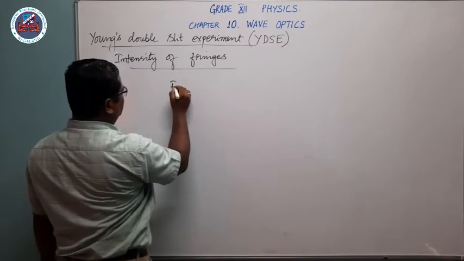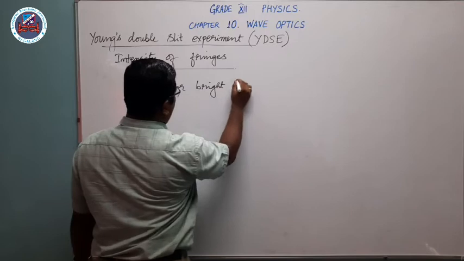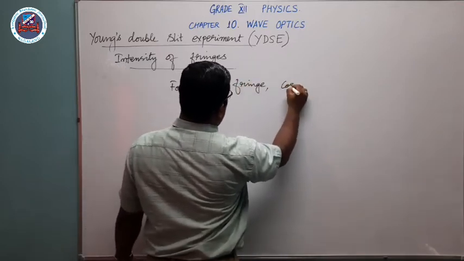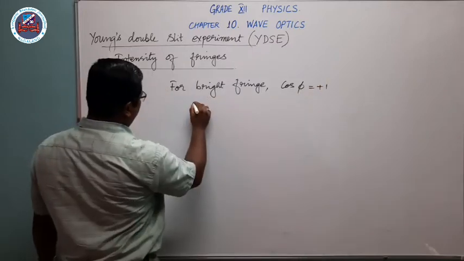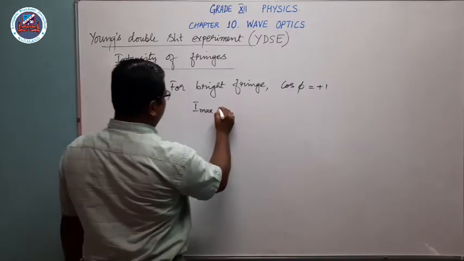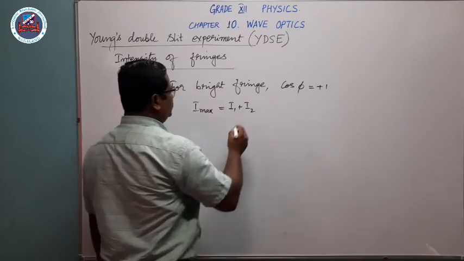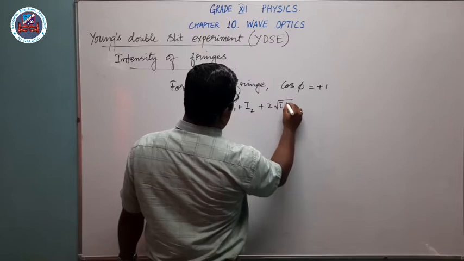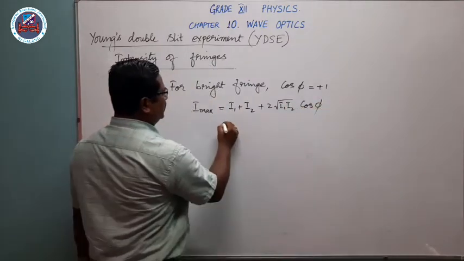Now let us see about the intensity of fringes. For a bright fringe, as you know, cos phi must be equal to plus 1. So the intensity will be maximum for a bright fringe, that is I1 plus I2 plus 2 root I1 I2 cos phi. This was your formula.